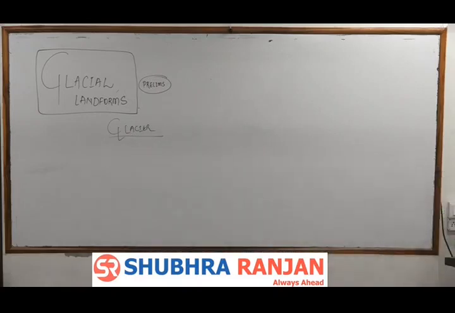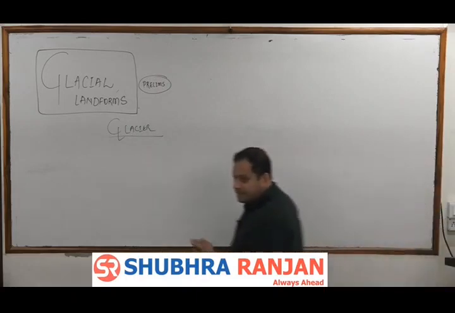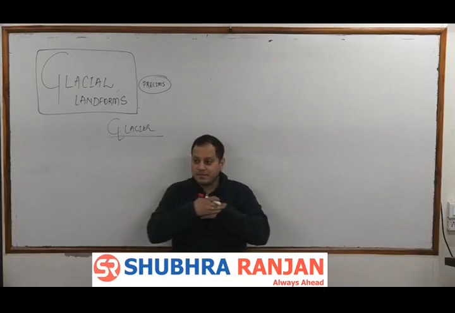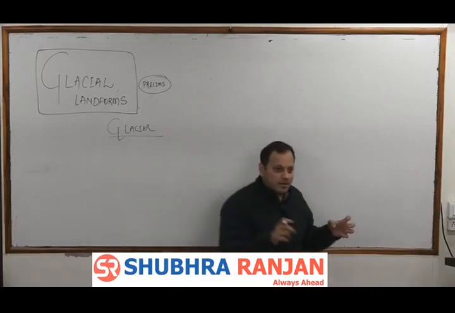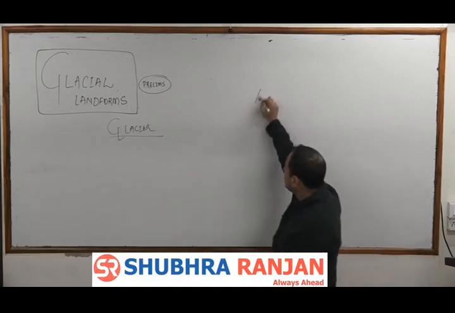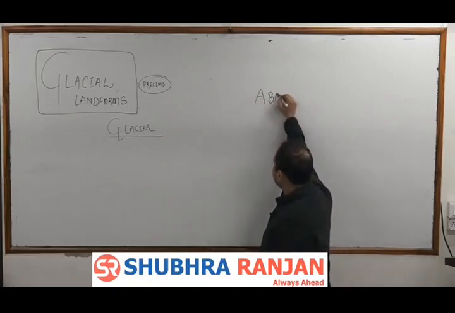Third, when this huge mass of ice is coming down with great speed, it will scratch the surface of the earth. Why? Because that ice has enough power of abrasion. What do you mean by abrasion?